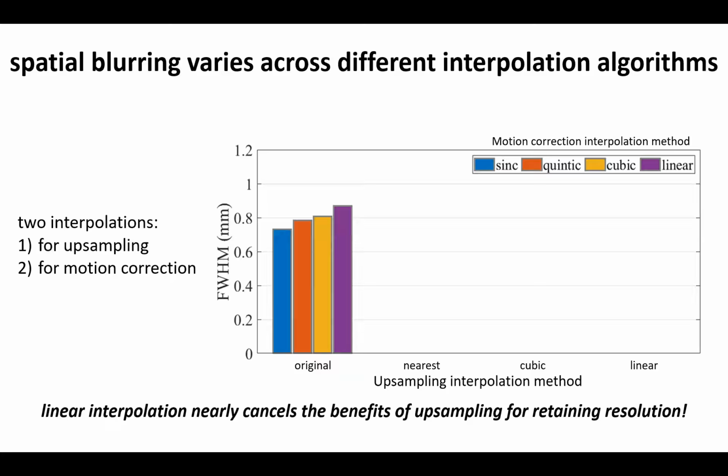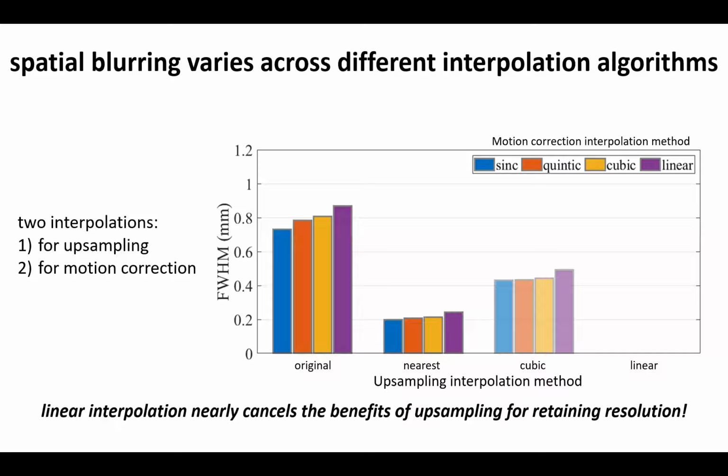Makes sense. Now, if we first upsample those data using a nearest neighbor interpolation, so say this is the 1 millimeter data that I told you about before, so we upsample to 0.5 and perform the same motion correction, we see much less blurring in the data, just like I showed you before. Again, it starts to creep up if we use these lower order interpolation methods for the motion correction.